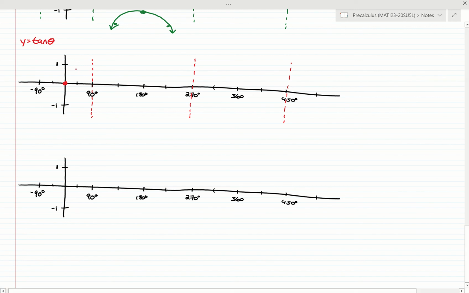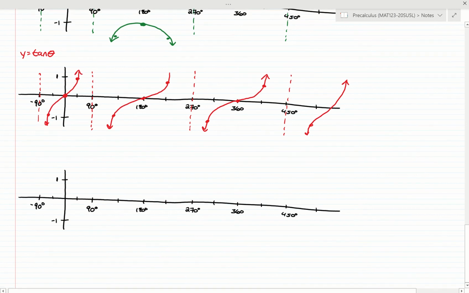And then it goes 0, 1, undefined. Negative 1, 0, 1, undefined. And we could see that we do have a pattern. If we were to pick more points, the graph would look like this. It would actually look like cubic. This is what the graph of tangent looks like.